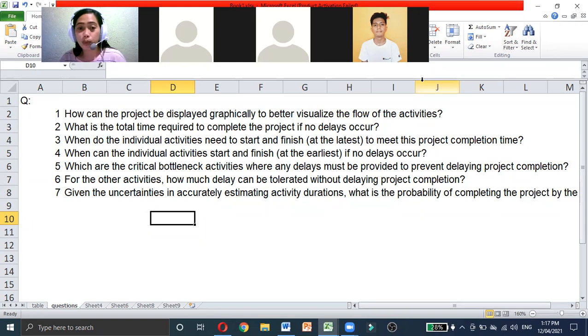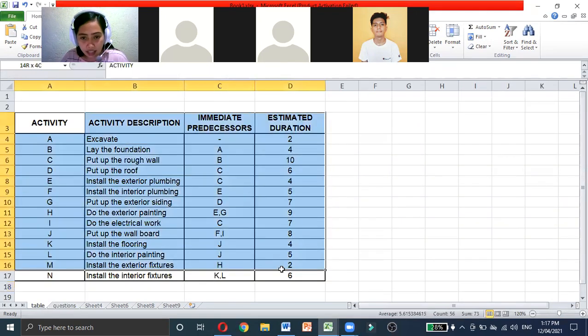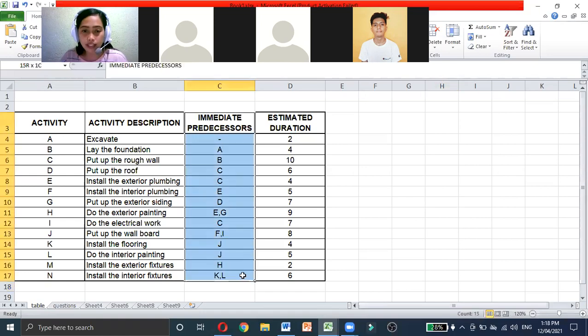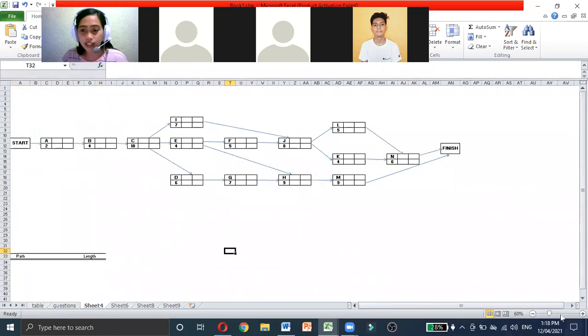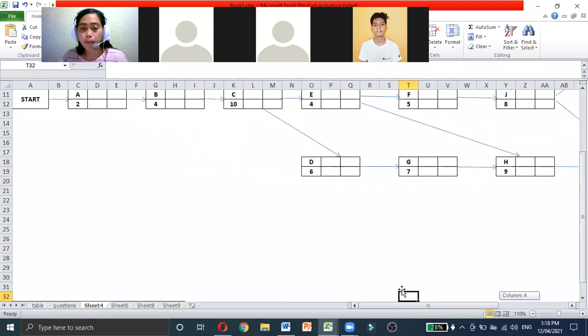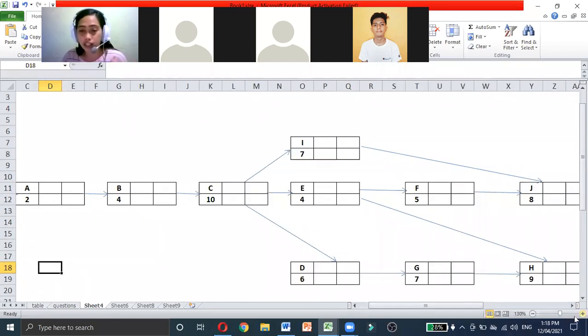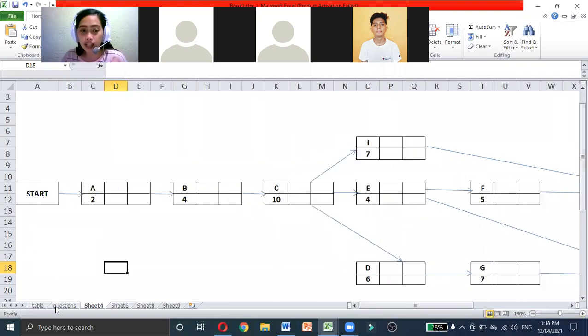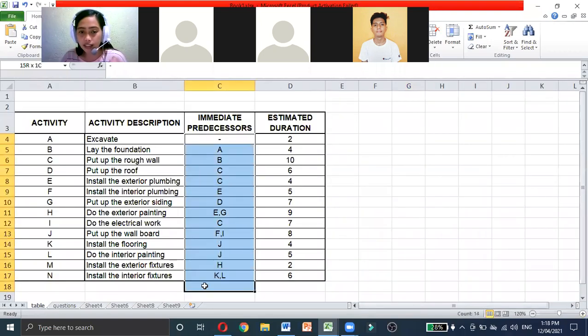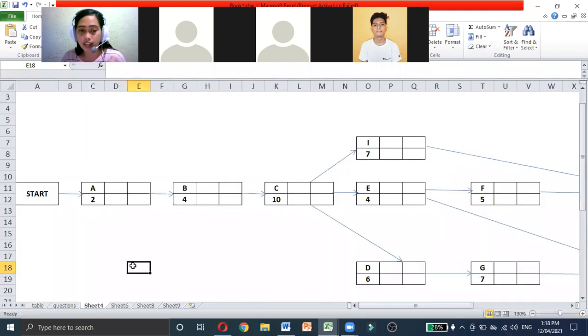So we will do the project network, given these activities and their immediate predecessors from earlier. I asked you to visualize first before drawing the nodes with the activity, time, and duration. But here, I will just draw it since we already have this table where we identified the immediate predecessors.